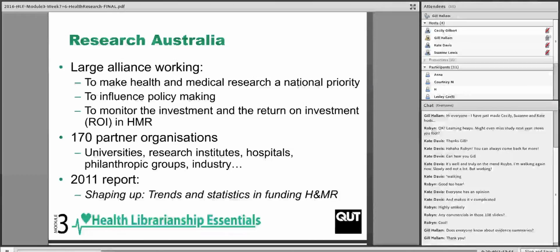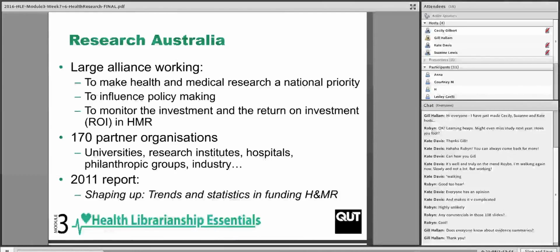One of their roles is to actually monitor the financial side, looking at the funding that goes into health research, but also the return on investment, what's coming out of it. So here again, 170 different organisations are involved, covering that whole spectrum, as you can see there: the academic world, specialised research institutes, the clinical setting, philanthropy and industry.